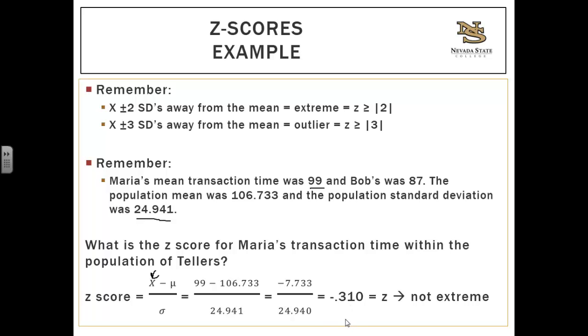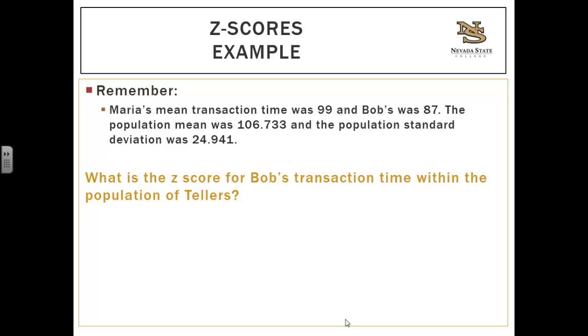So we can say that Maria's mean transaction time is 0.31 standard deviations below the mean for the population, and we're not going to call that extreme. So she's got shorter transaction times than the mean, but she's still lumped in with the majority of people. She's not really that special. She's not extremely short transaction times.